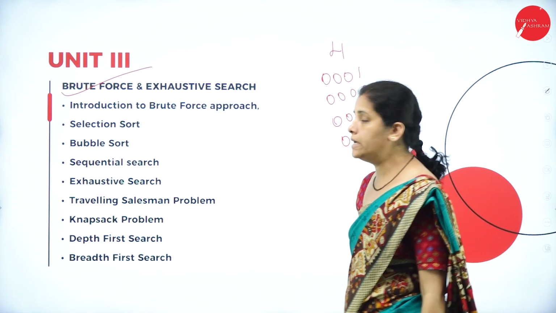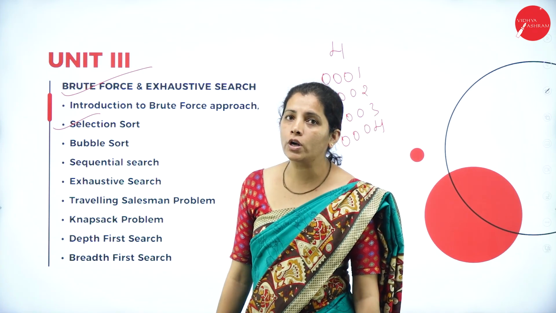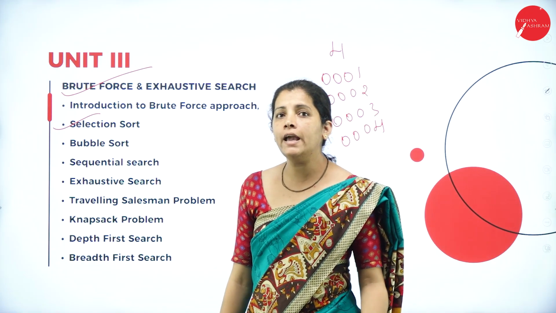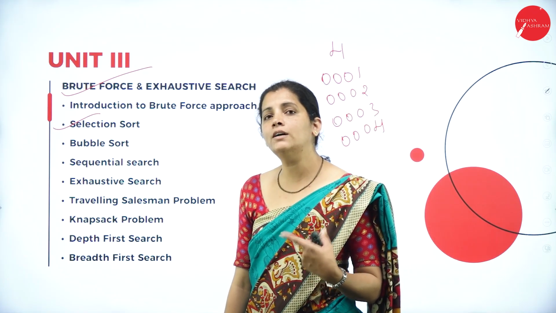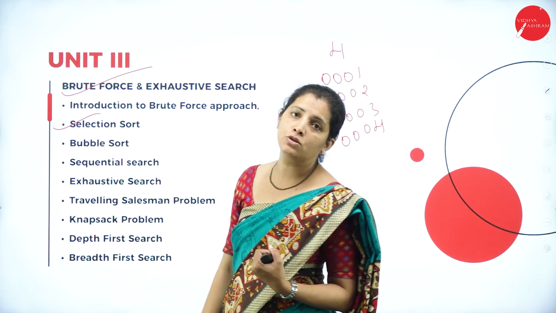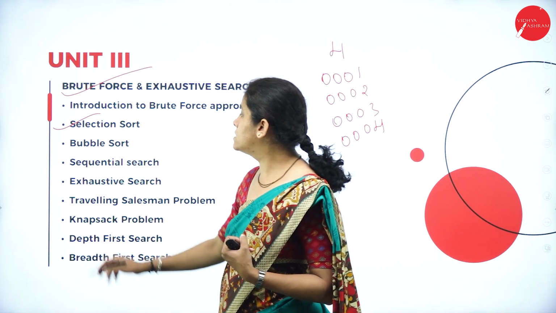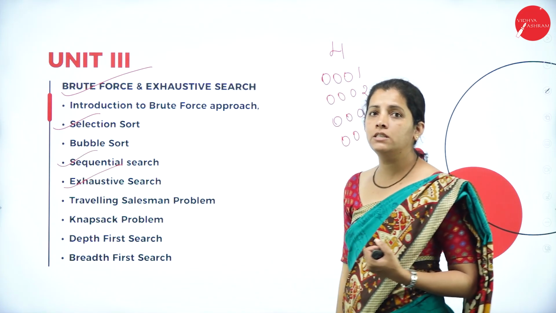In this unit, we have selection sort. So what is sorting? Arranging the elements in some particular order, either ascending order or descending order. In that, we have selection sort, bubble sort, exhaustive search, and sequential search. So what is searching?